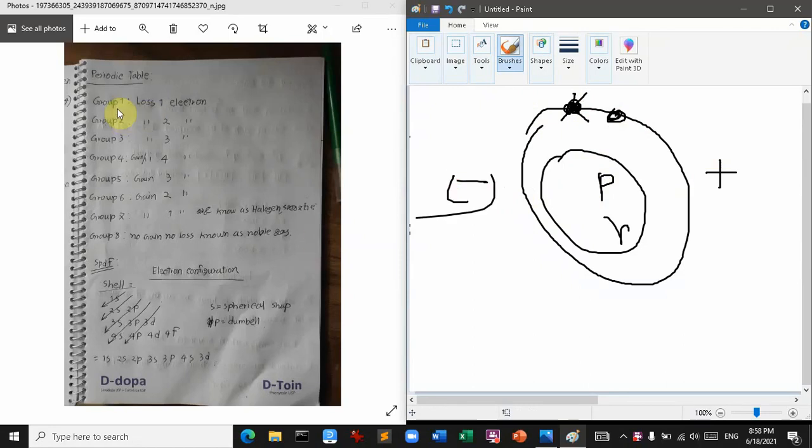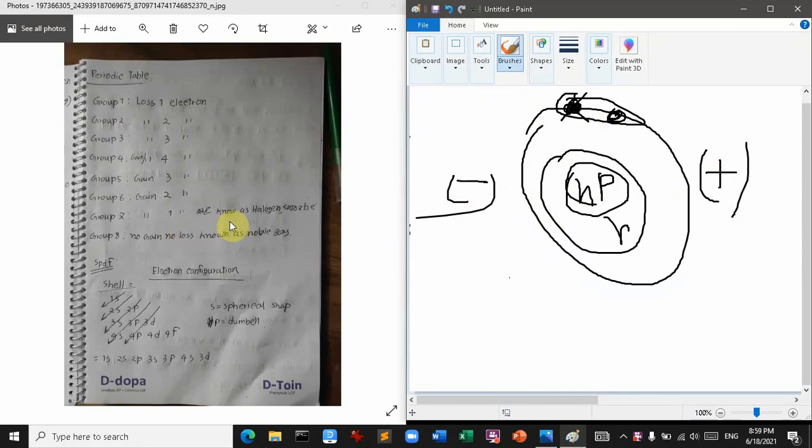You can see groups 1 to 3 all lose electrons. Losing electrons means the number of protons is larger than the number of electrons, so those atoms become positively charged ions. Group 4 doesn't react that much. From group 5 to 7, they start gaining electrons in ascending order.